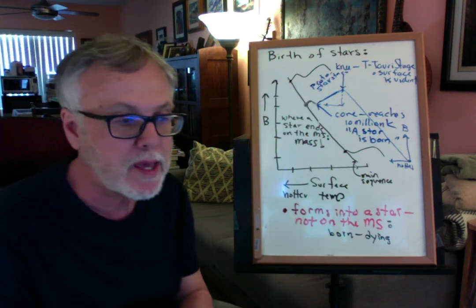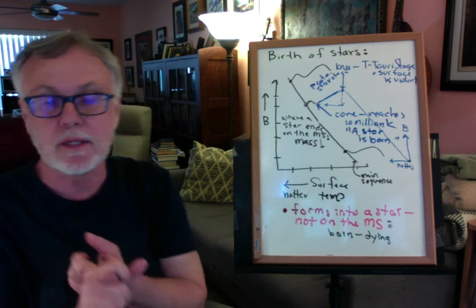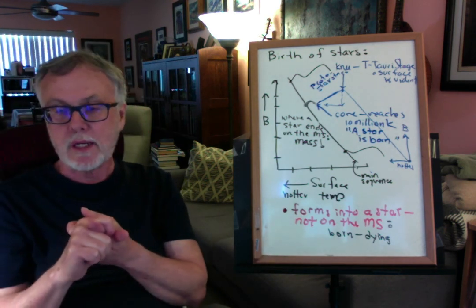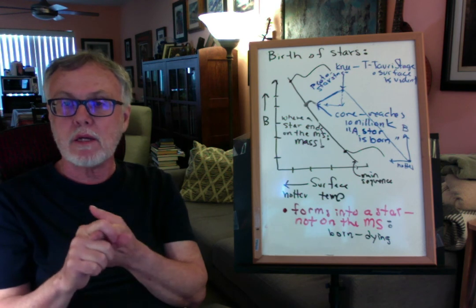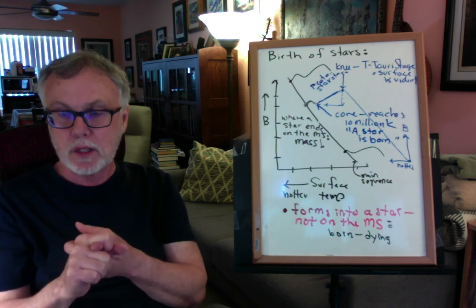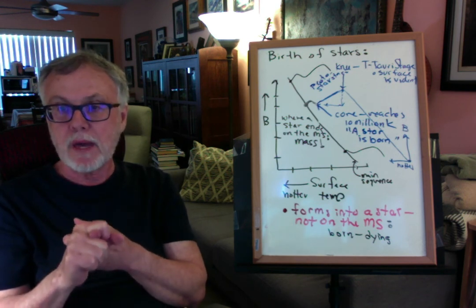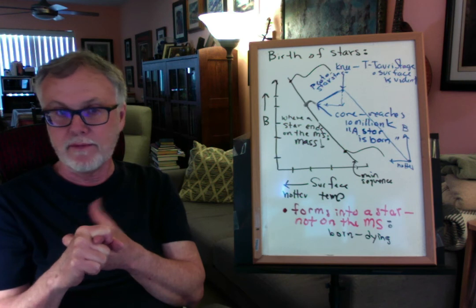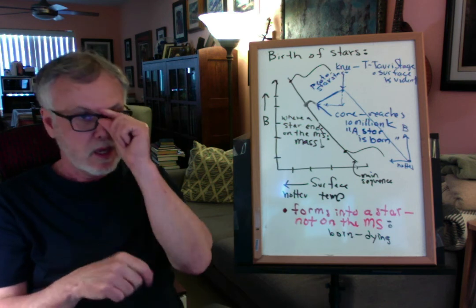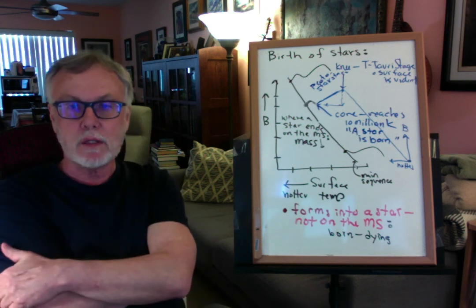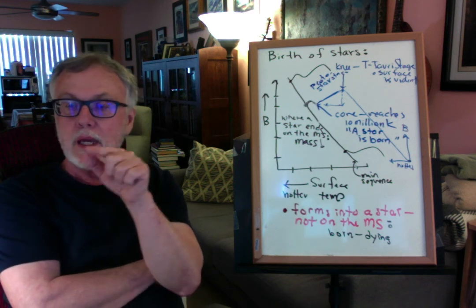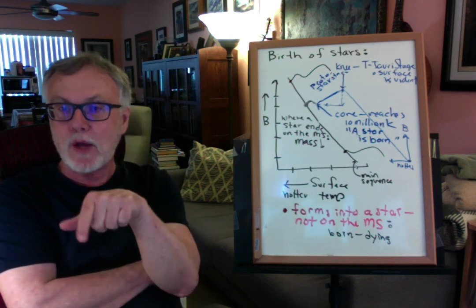So there's a couple of things. Make sure you get this. This is key. Number one, I'll say it again. Where a star ends up on the main sequence depends upon the mass of this birthing star. Once it's on the main sequence, get this down. Once it's on the main sequence, it doesn't move up or down the main sequence.